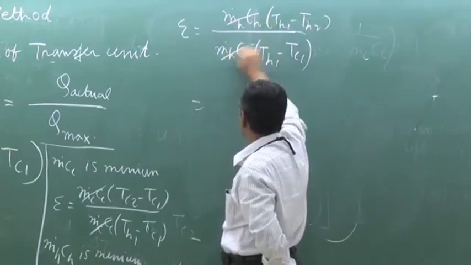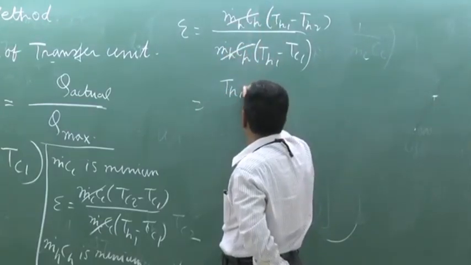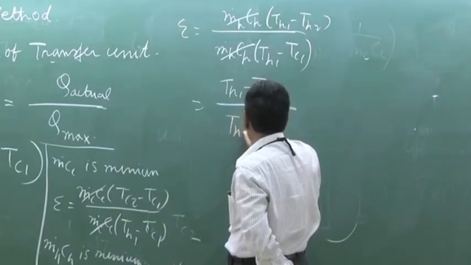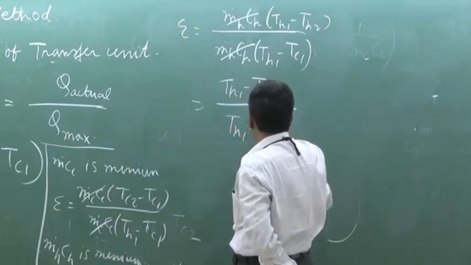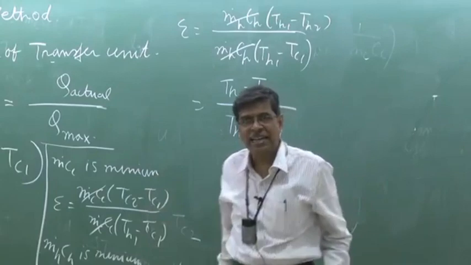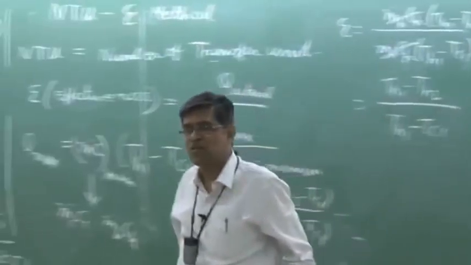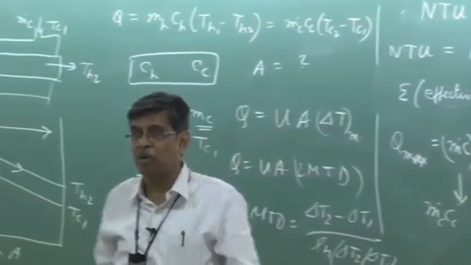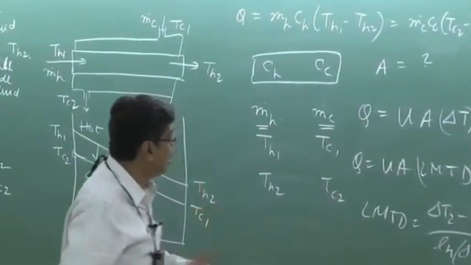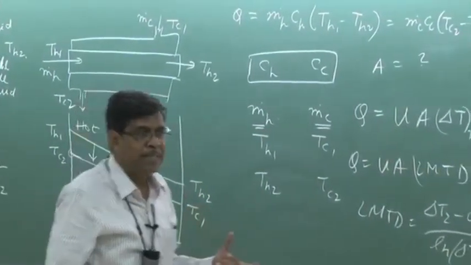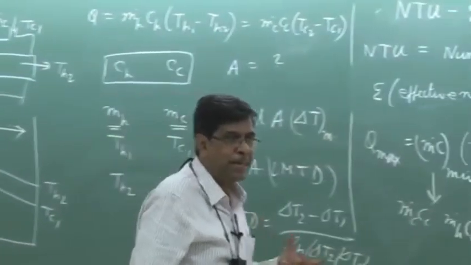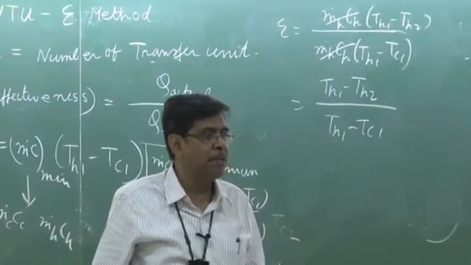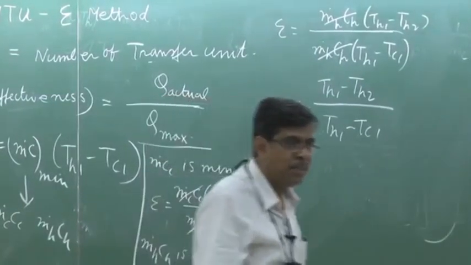And ultimately this will cancel: Th1 minus Th2 divided by Th1 minus Tc1. So from here I can make another definition in terms of temperature change, which will be more convenient, and the parallel flow exchanger will be a little comfortable with this definition. It is the ratio of the temperature change of the minimum fluid, meaning the minimum capacity fluid, divided by the maximum temperature change of the exchanger.